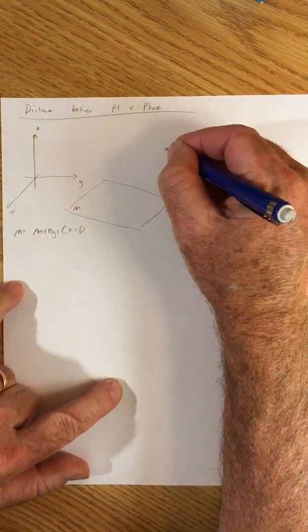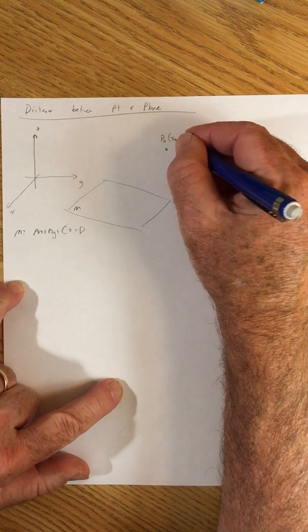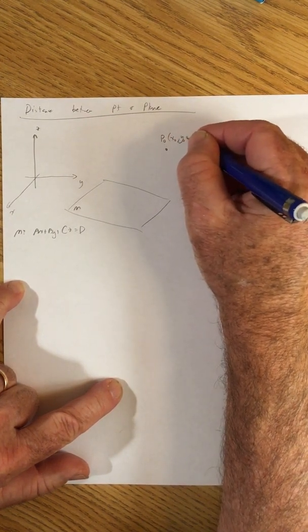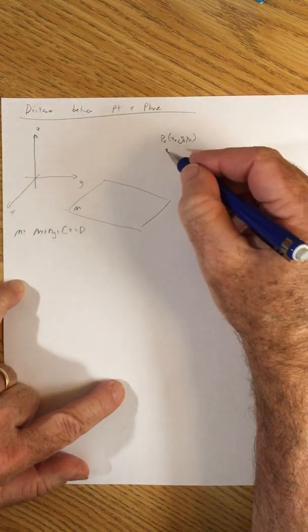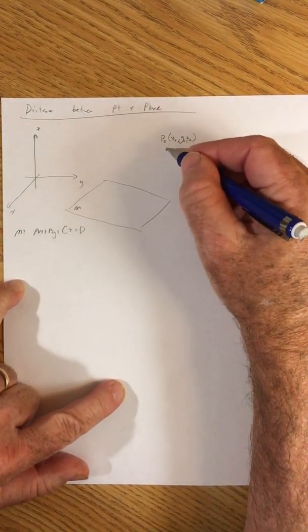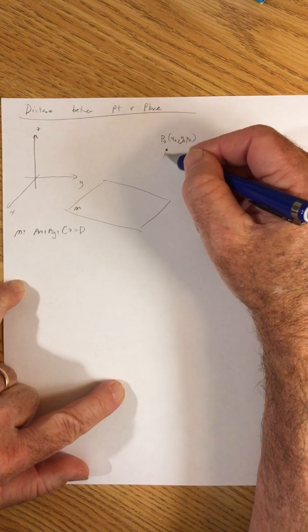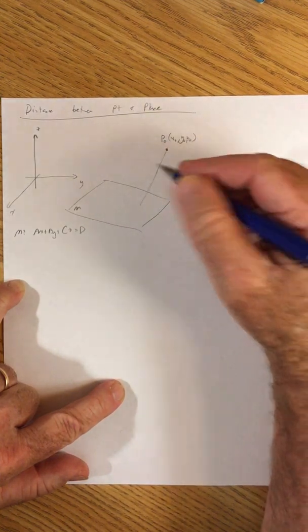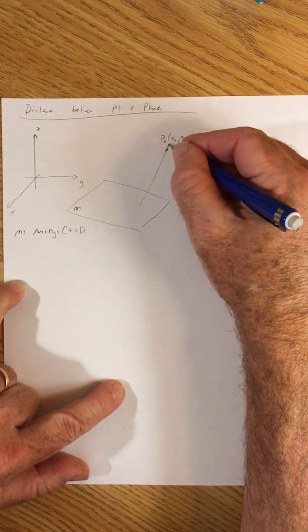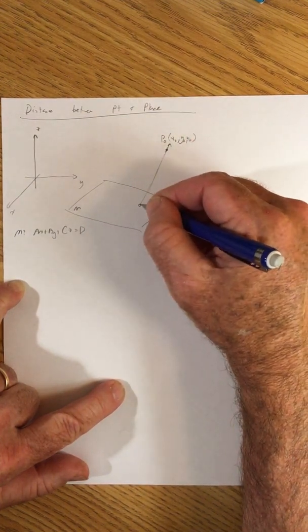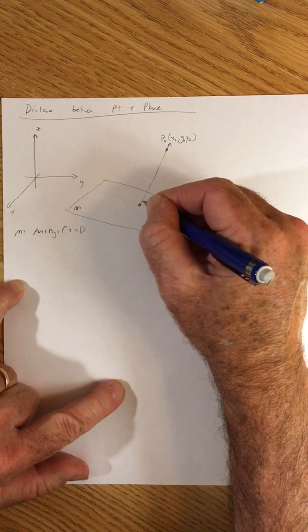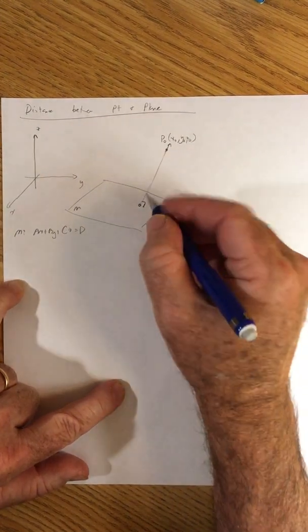All right, and then we have a point P0 that's not on that plane with coordinates (x0, y0, z0). Now the shortest distance between this point and that plane is going to be at a perpendicular. Let's say there's a line that passes through this point and hits this plane at a perpendicular.